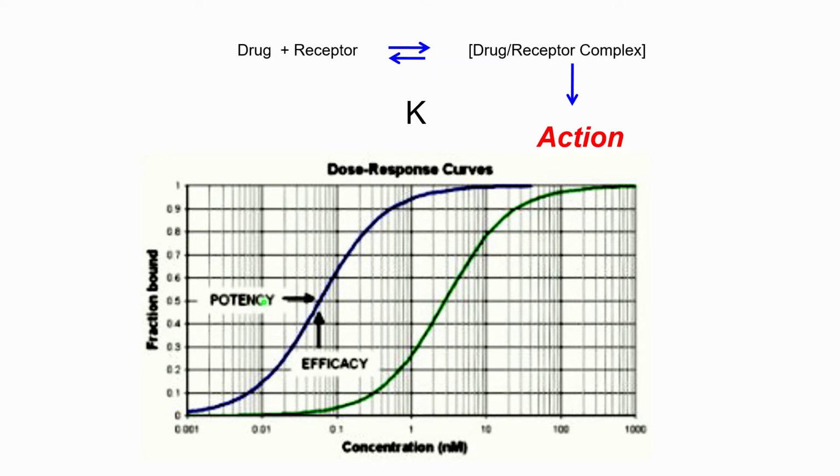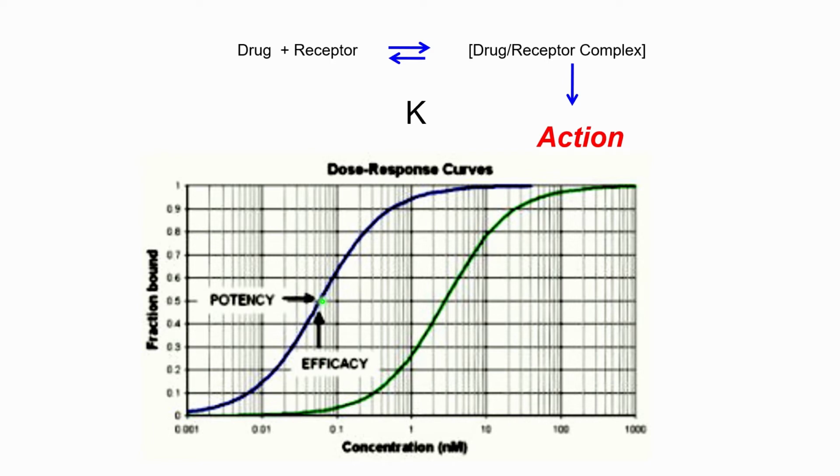You have a small concentration, large concentration. So this blue drug is more potent than green drug because necessary concentration is smaller to achieve the same effect.